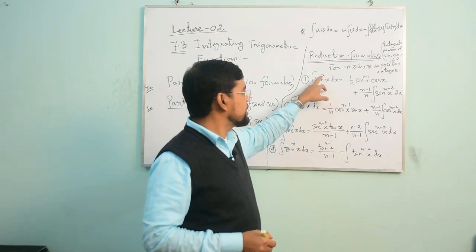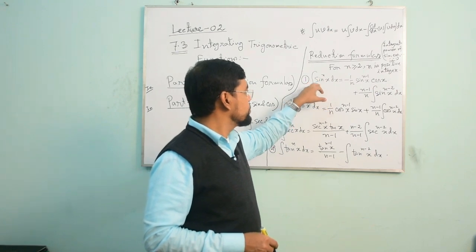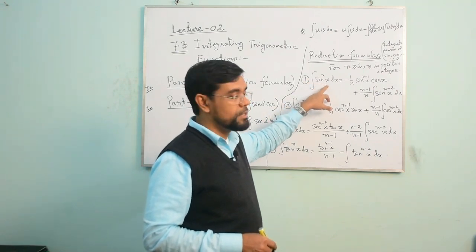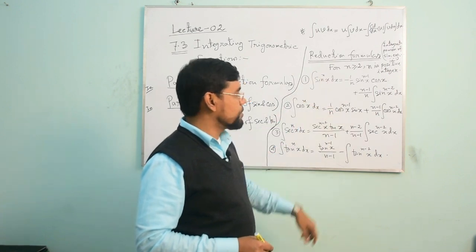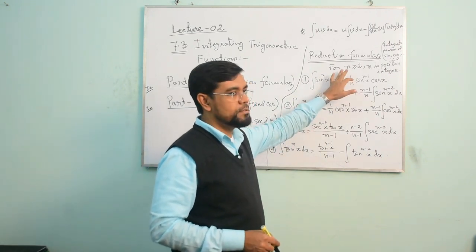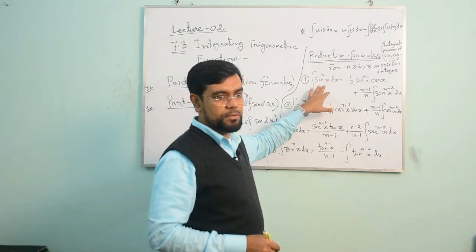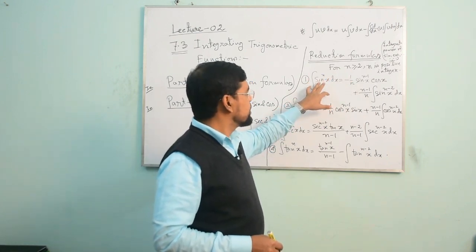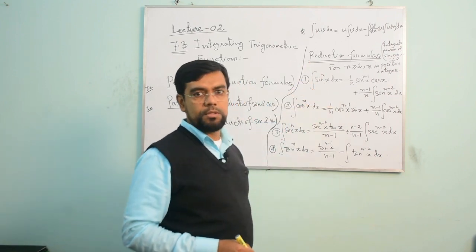Why 2? Because when n equals 1, you don't need to use this formula. In that case, we already know the integration of sin x equals minus cos x. But for n greater than or equal to 2, you can use this formula. So why is it called a reduction formula?